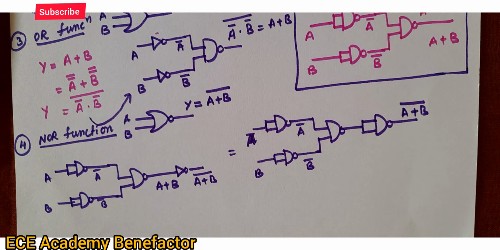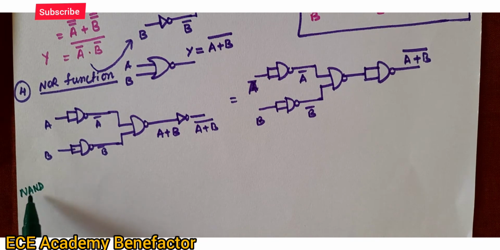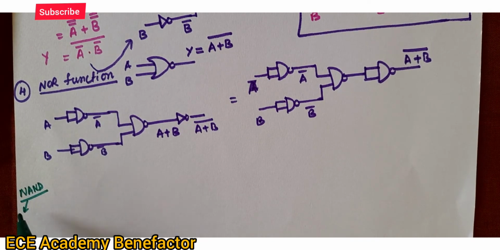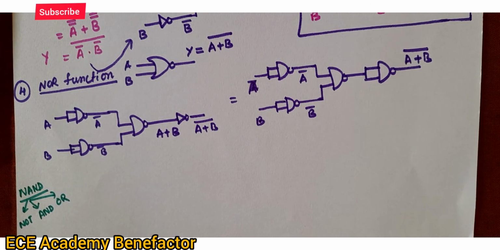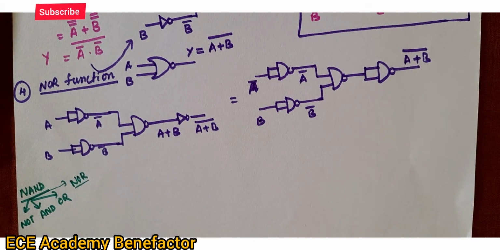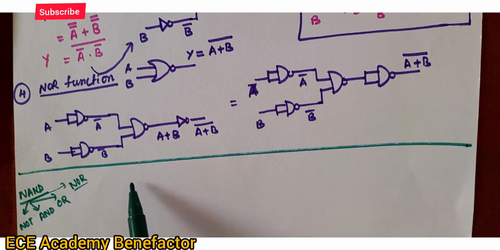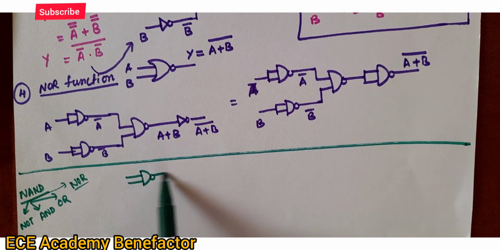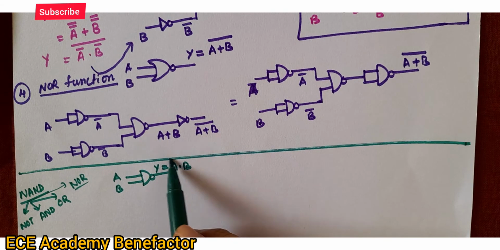So in this class what we have understood is how the NAND gate or NAND function can be used for basic gates. What are the basic gates? NOT function, AND, OR. These are the basic functions, and then we have designed NOR function also. Okay. So what is the NAND gate symbol? Coming to the summary of the class, NAND gate symbol: A, B, output will be A dot B the whole bar.